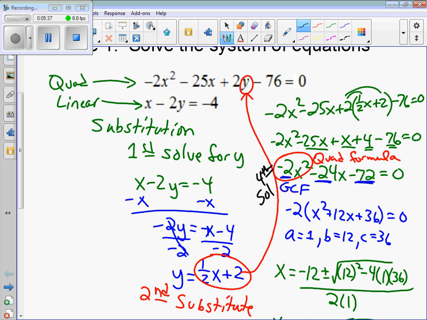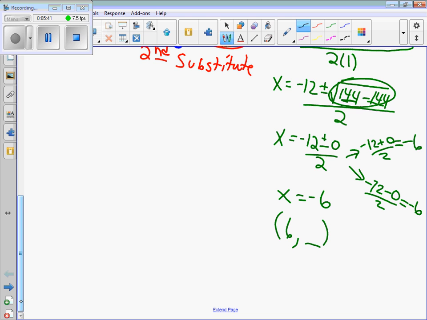And now the fifth step is to substitute back into either equation. Any equation. The easiest one that I usually substitute into is the one I solved for y.